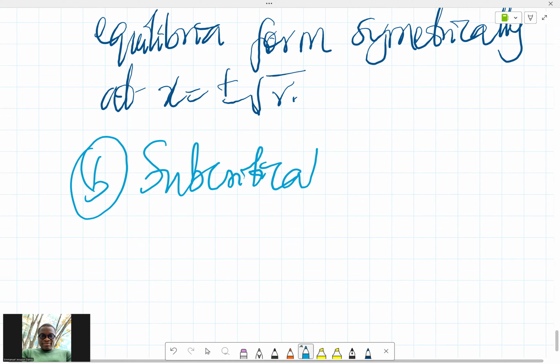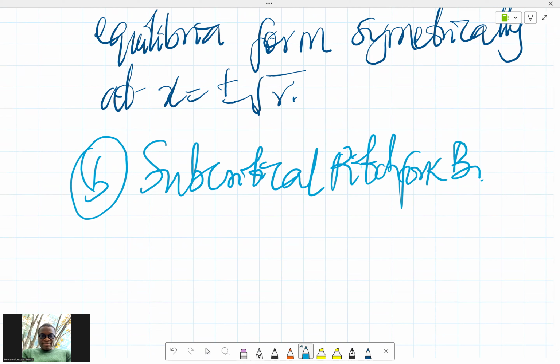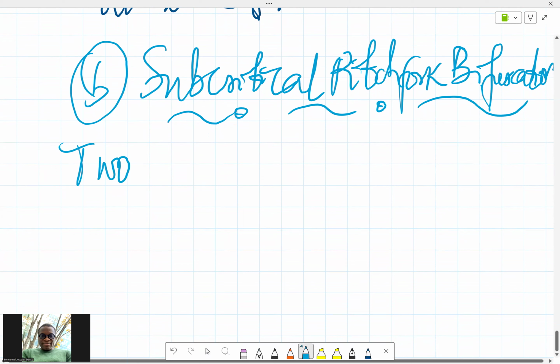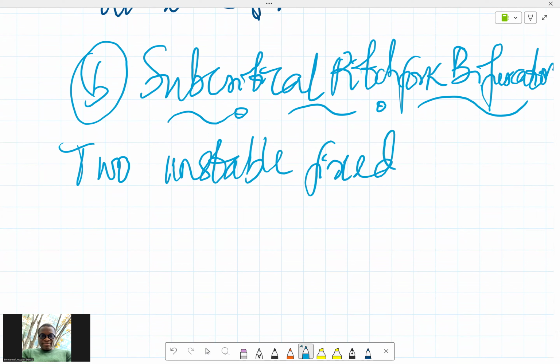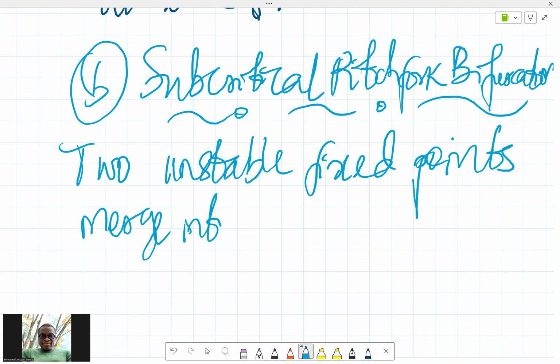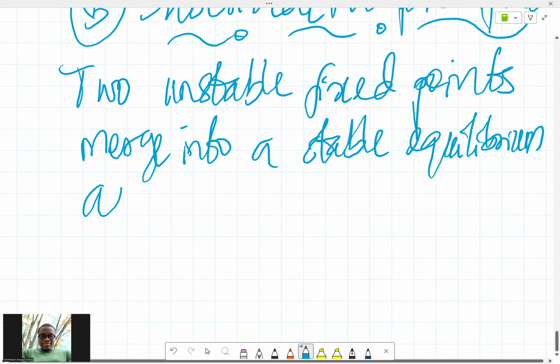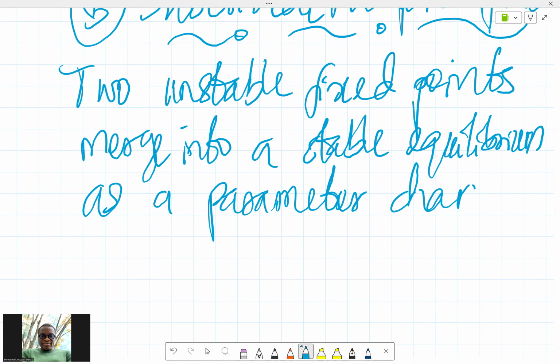On the other hand, we have the subcritical pitchfork bifurcation. For the subcritical pitchfork bifurcation, two unstable fixed points merge into a stable equilibrium as a parameter changes.